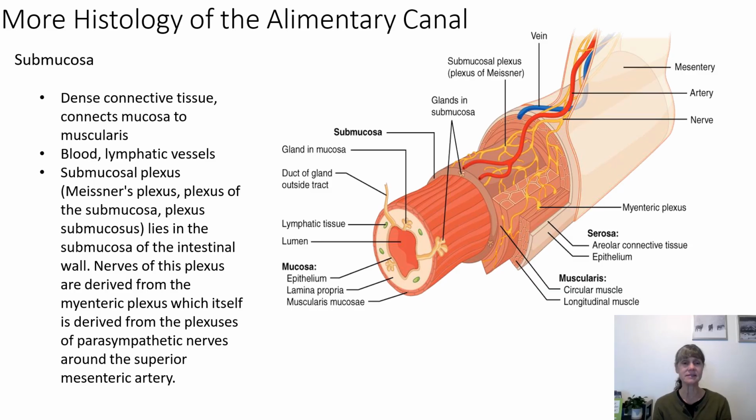This plexus is referred to sometimes as Meissner's plexus or the plexus submucosus, and it lies in the submucosa of the intestinal wall. Nerves of this plexus, and remember that the term plexus just means network, are derived from the myenteric plexus, which itself is derived from the plexuses of the parasympathetic nerves around the superior mesenteric artery.